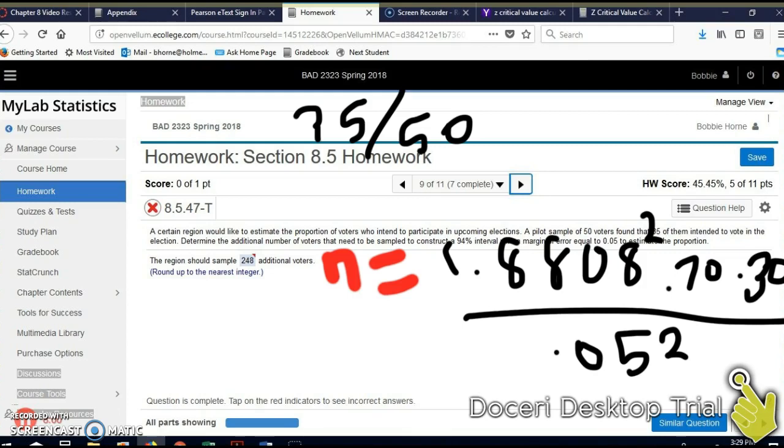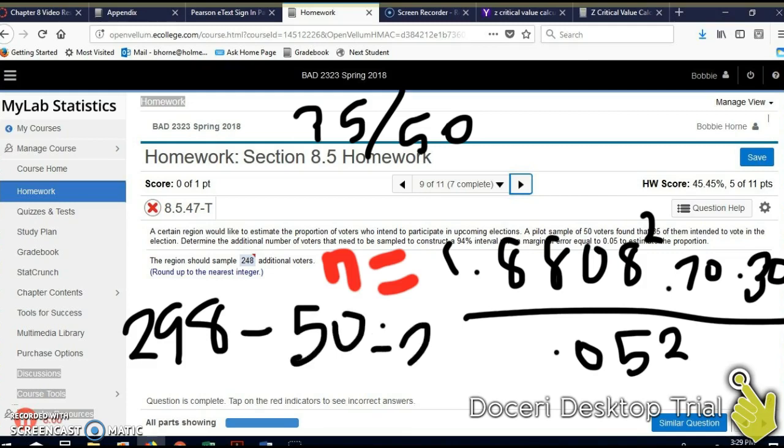Let's do that real quick and see what we get. 1.8808 squared times 0.70 times 0.30 divided by 0.05 squared, you get 297.1, but it says round up. So you get 298 minus the 50 voters you've already sampled means we need 248 more.